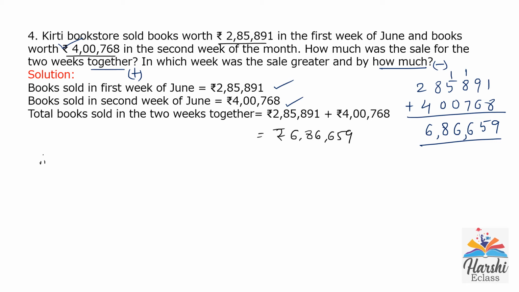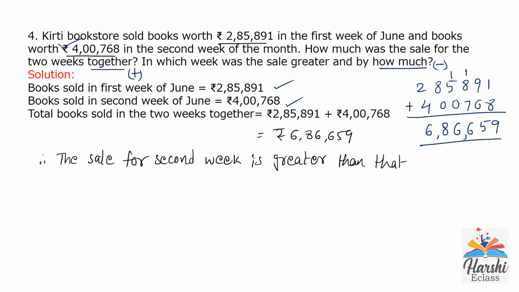Therefore, the sale for second week is greater than that of first week. By how much? For finding this difference, what we will do? We will do subtraction. Write the statements for this.